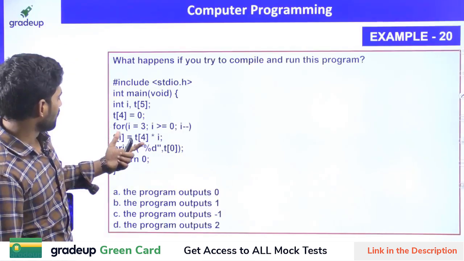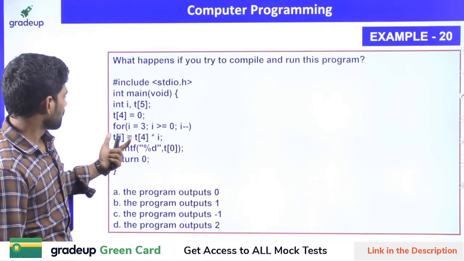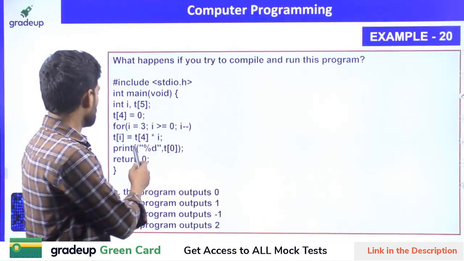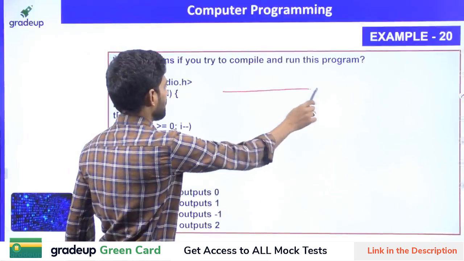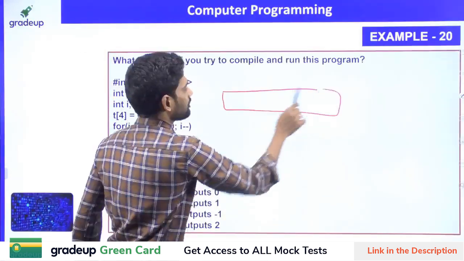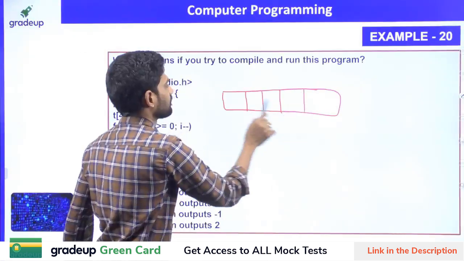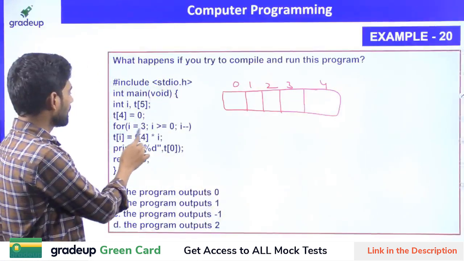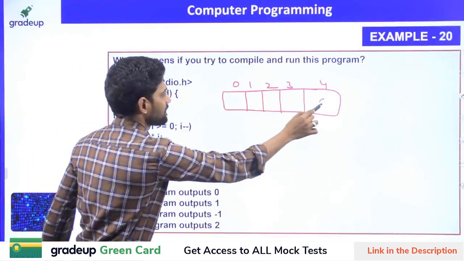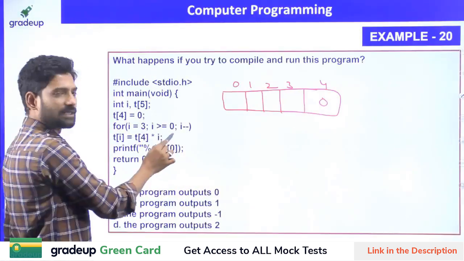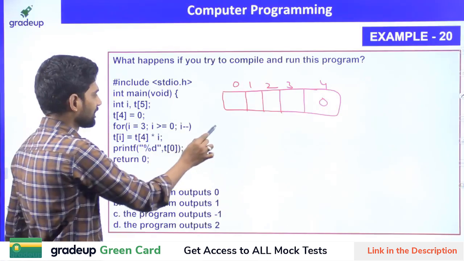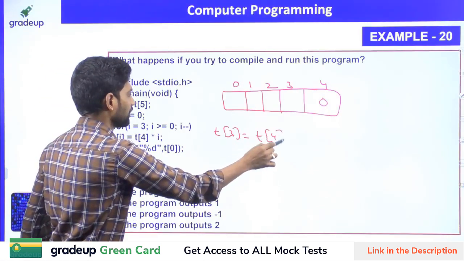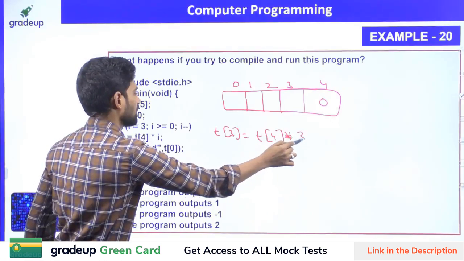int t[5], t[4] = 0. for (i = 3; i >= 0; i--). Okay. So t[5], i = 3, t[4] is initially 0. i = 3, 3 >= 0, true. t[i] = t[4] * 3, so t[3] equals t[4] into 3.